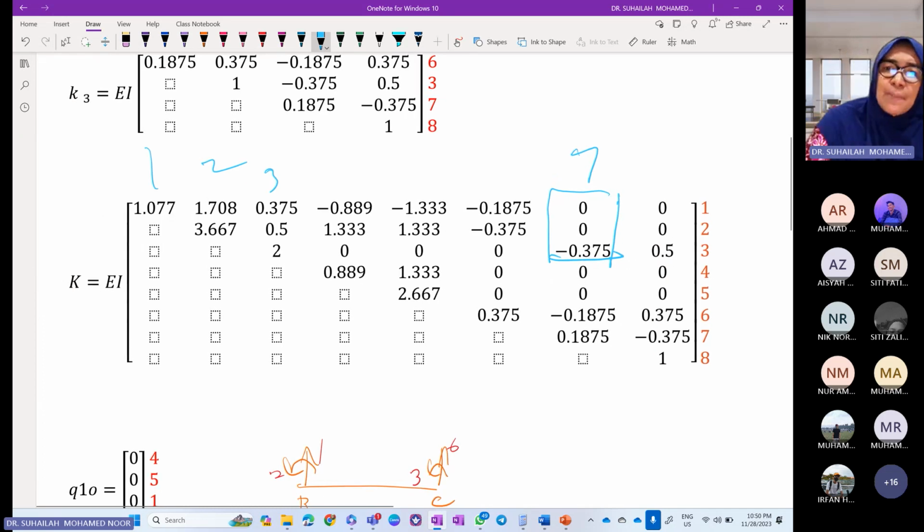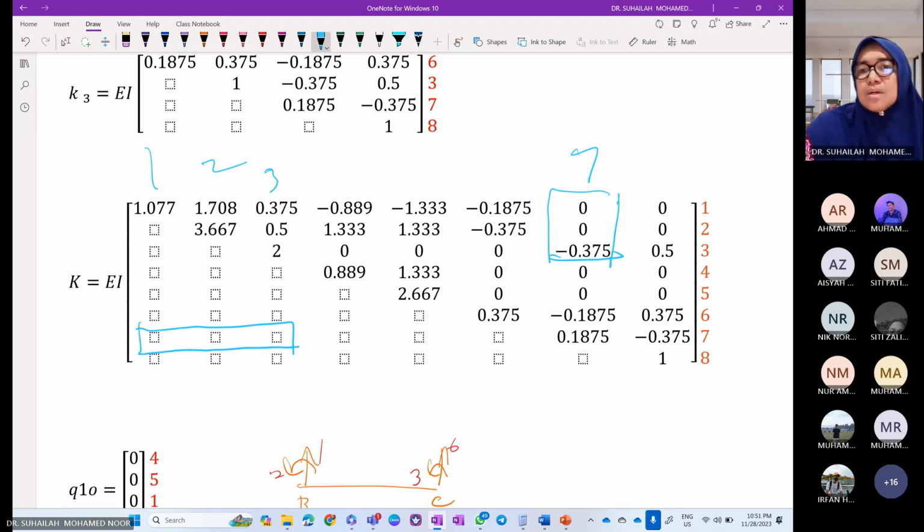Okay, 7 ni kita nak pakai dekat sini. Ini matematik. Sebab kat sini position dia 7,1, 7,2, 7,3.